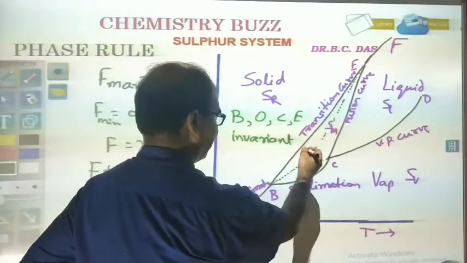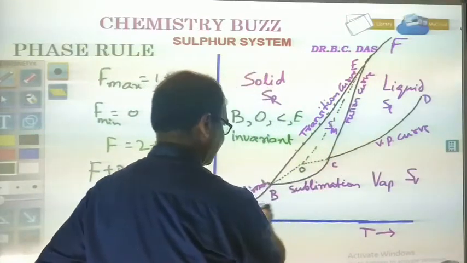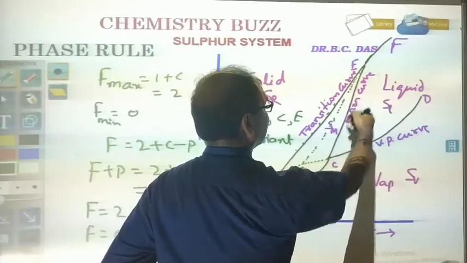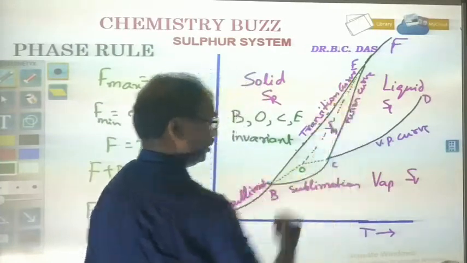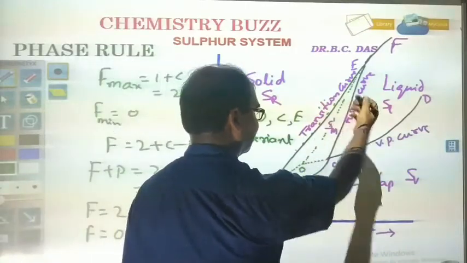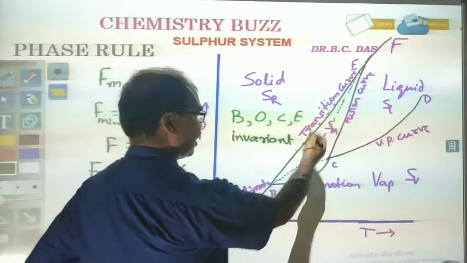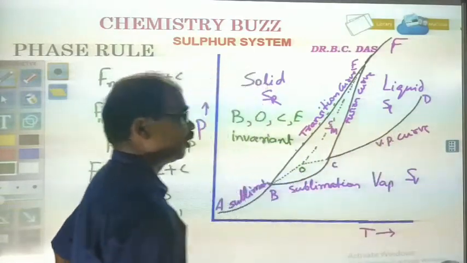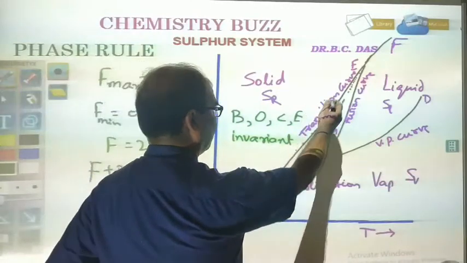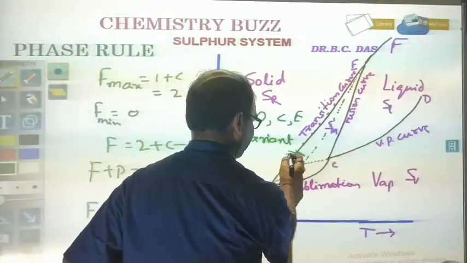Now let us take a point on the chord. Okay, there are so many chords: A, B, B, C, C, D, C, F, B, E. And each chord has its own identity: sublimation chord, transition chord, fusion chord, vapor pressure chord, etc. So if we take a point on the chord, that is the 2 phase equilibrium.